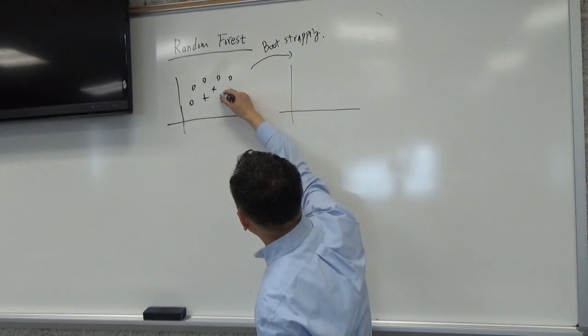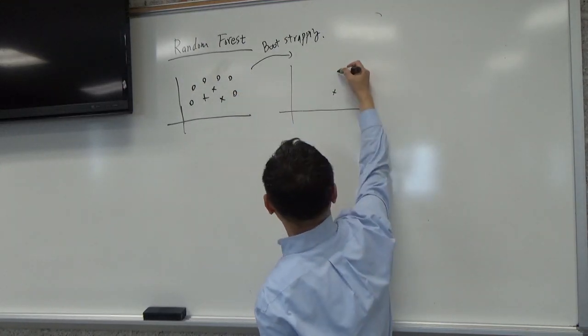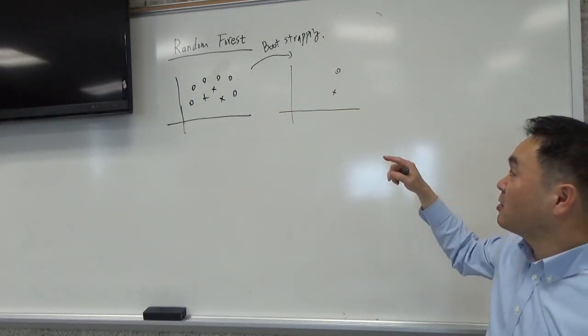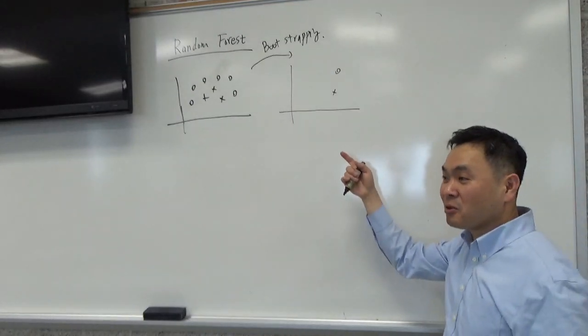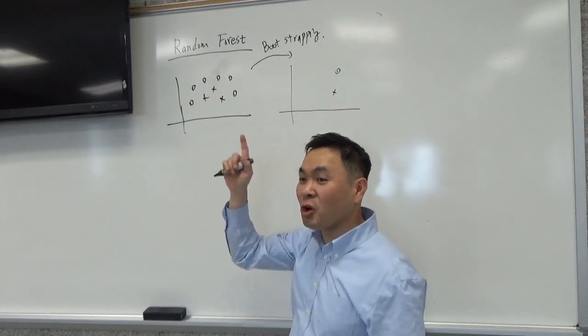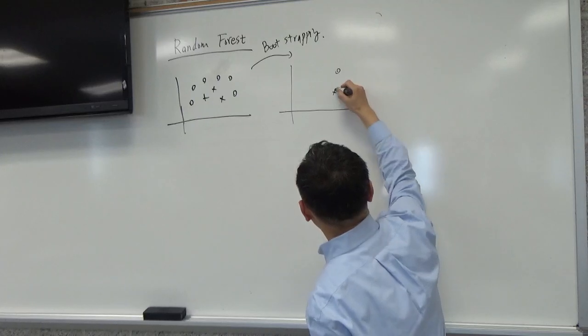So let's say I pick this one by random, I put it here, okay? And then I pick this one by random, I put it here, okay? And then you do it for 9 times. Now that doesn't make sense, because if you randomly select 9 things, wouldn't you get the same thing? But the answer is no, because you're allowed to repeat. So this point might be the next choice again.